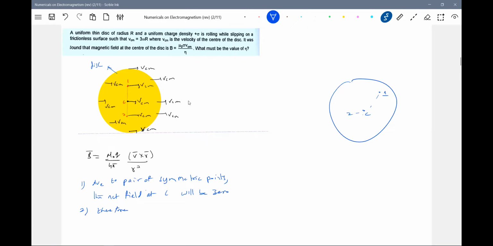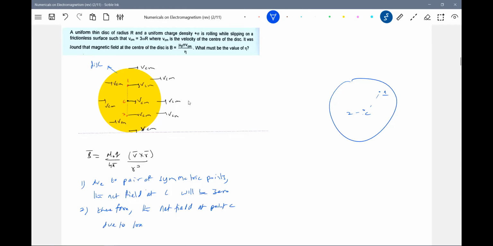Therefore, the net field at point C due to translatory motion must be 0. I think this is very, very important.